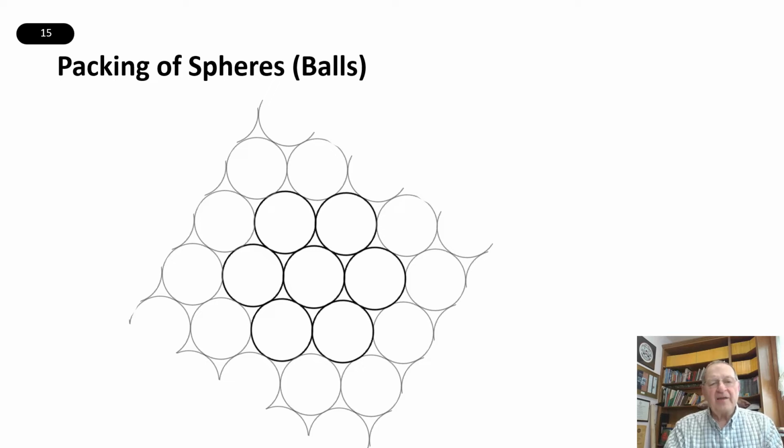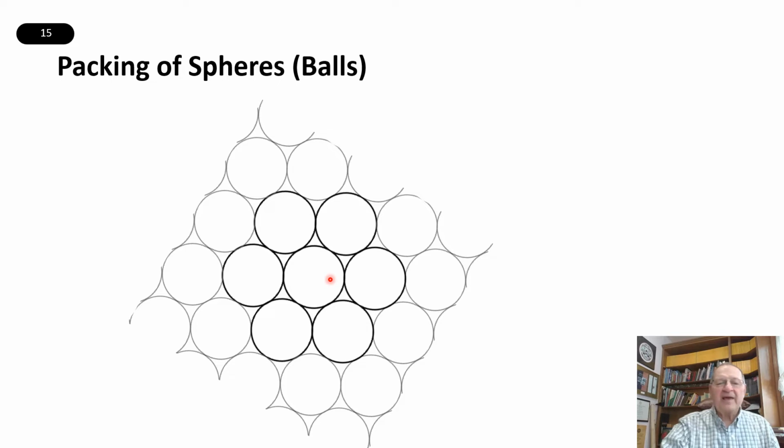If I had a room and I wanted to fill it up with basketballs, and I went and got a whole truckload of basketballs to do this with, or more than a truckload if it's a big room, I would find that the best way to put the basketballs into that room would be to arrange them in rows, and then each alternating row, I would offset the balls such that it falls halfway in between the two in the row before it.